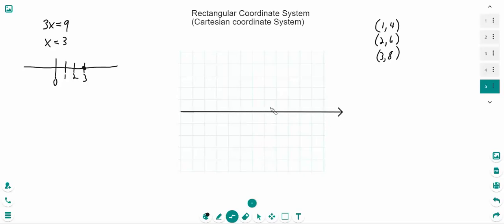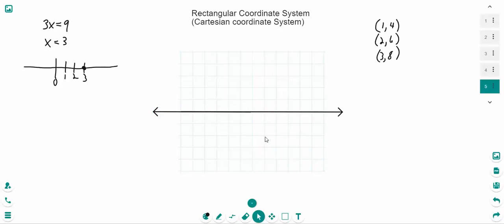Try to get this somewhat straight. That's close enough. So we have one line going across the page.